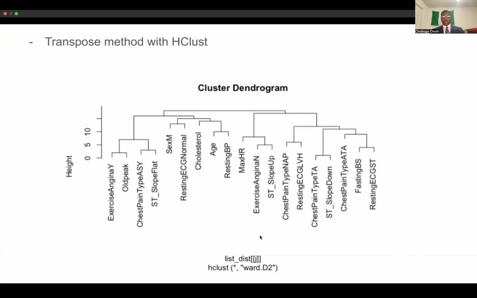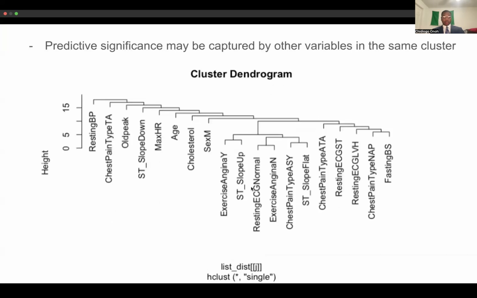This one is showing the Manhattan distance and Ward D2 linkage. And we also have our maximum distance and single linkage. Here, note that we have 8 of our variables clustering out first, and the next 11 are in here.